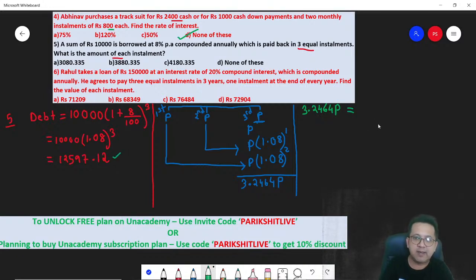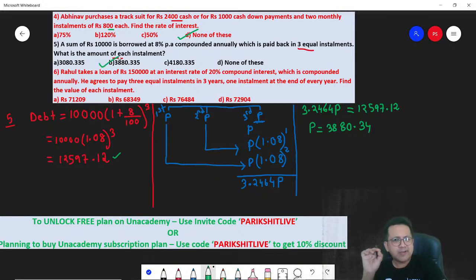What is your total debt? 12597.12. Find the value of P. Correct? 12597.12 divided by 3.2464. So value of P will come out to be 3880.34, which is option B.